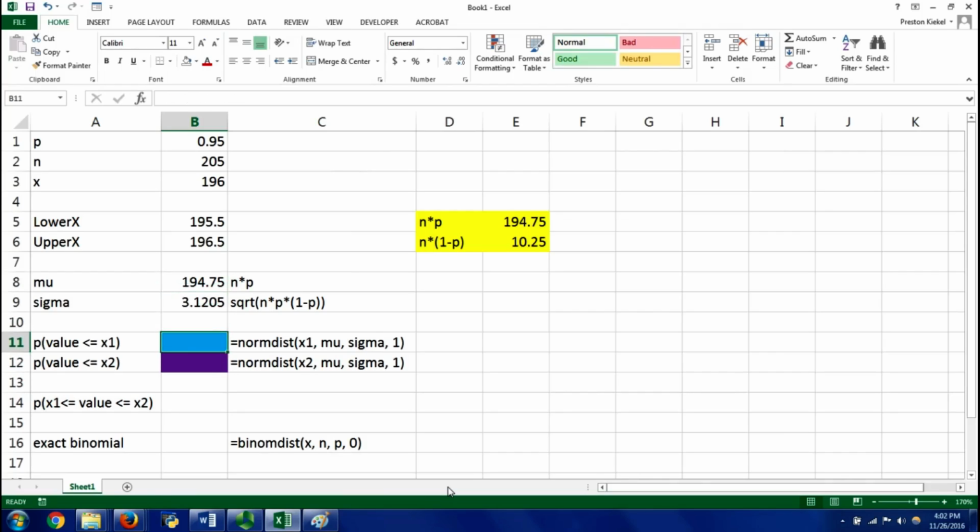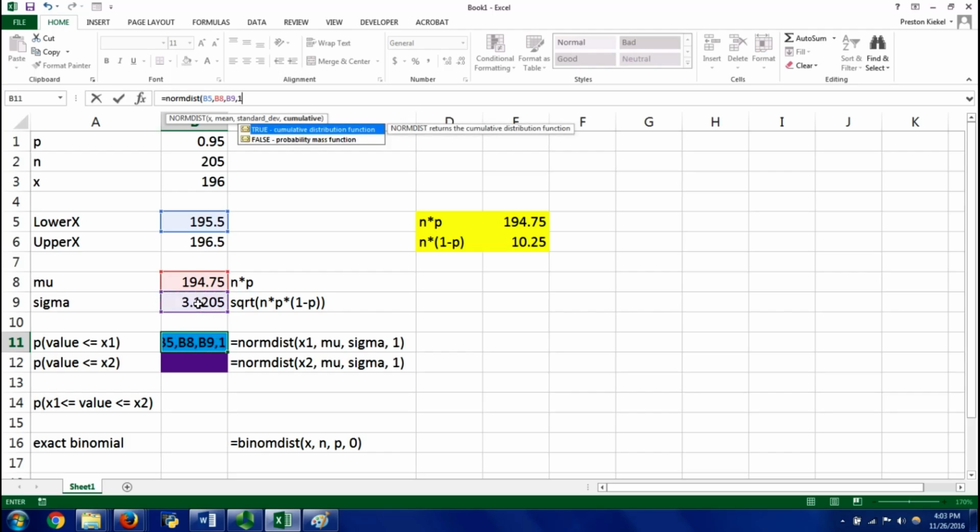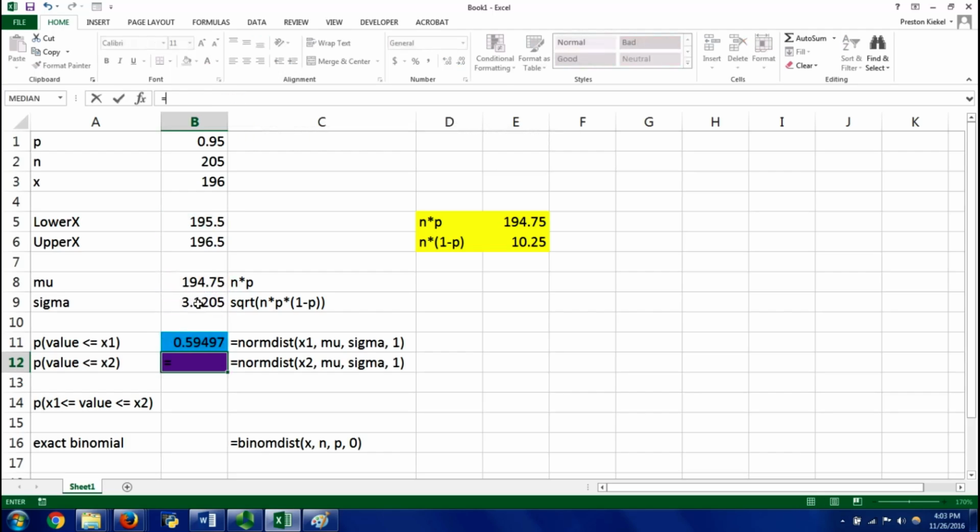So the probability of observing a value less than or equal to x1 is taken here with the lower x: equals norm dist x1, mu, sigma, 1, and equals norm dist x2, the upper one, mu, sigma, 1.